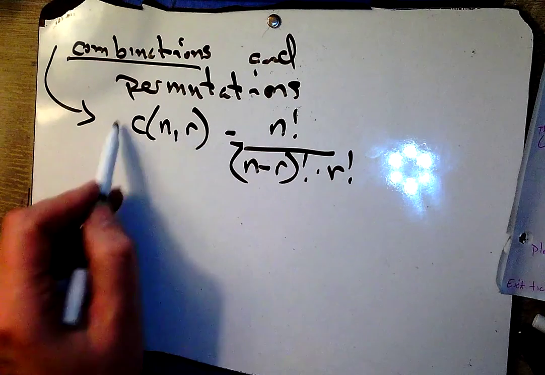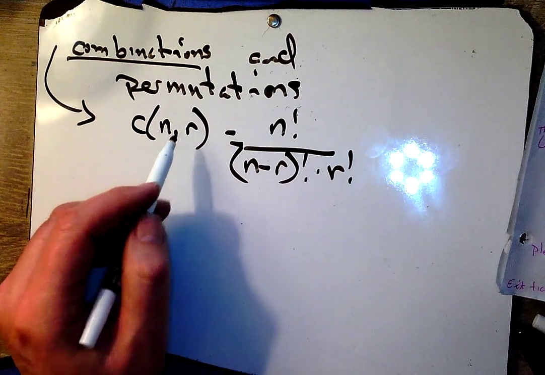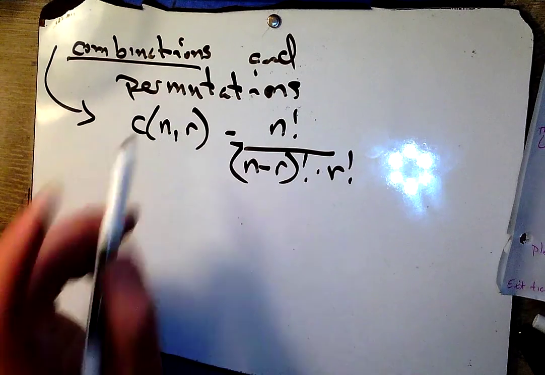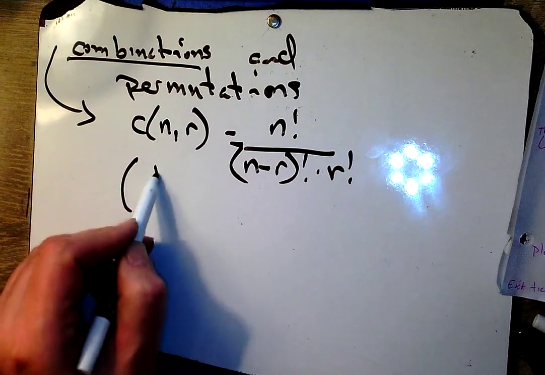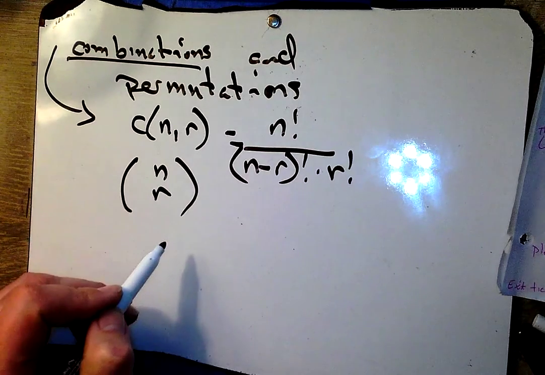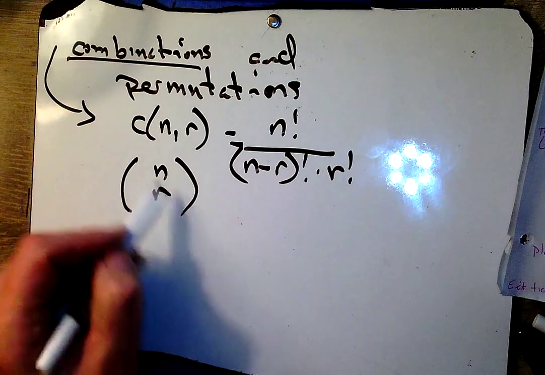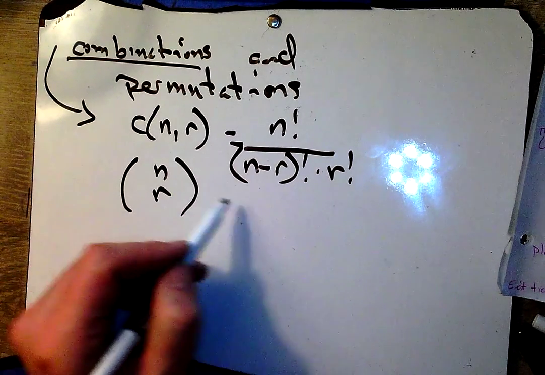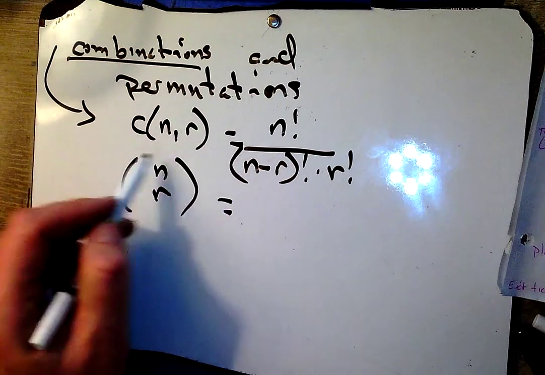Oh, by the way, this notation here is happy notation for math students, but we might also see, like my math teacher, she used to write it like this. That's what she meant when she said combination of n choose r. Same formula, just a different way of stating that.